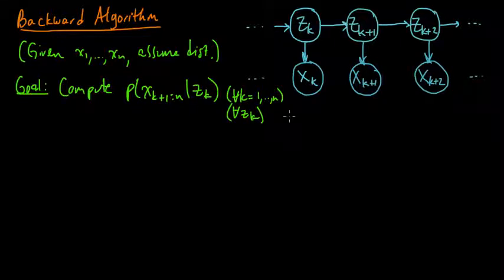We were assuming here that zk took values 1 to m. K is going from 1 to n. I guess actually n minus 1 or something like that, but you get the point. All the k's that matter.